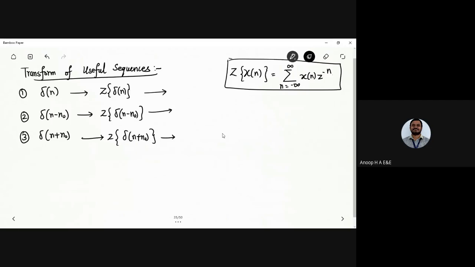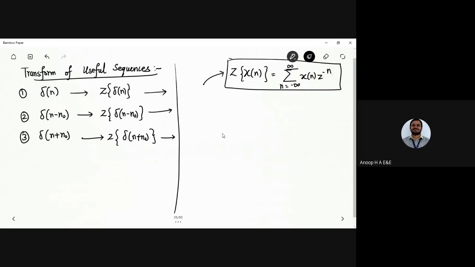This is the formula for the z transform of x of n: sigma, n equals minus infinity to plus infinity, x of n z power minus n.